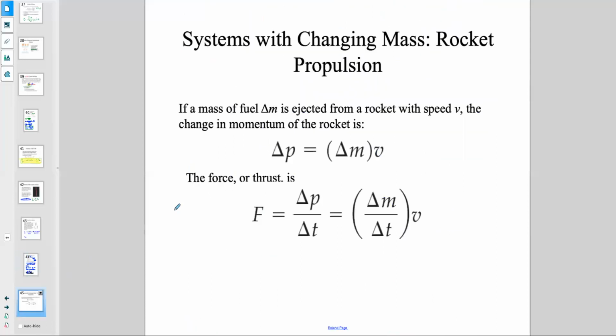System with changing mass. If the mass of the system changes, it's one of the areas in physics that is very popular, in areas like rocket propulsion. So if a mass of fuel delta m is ejected from a rocket with a velocity of v, the change in momentum of the rocket is delta p equals delta m times velocity.